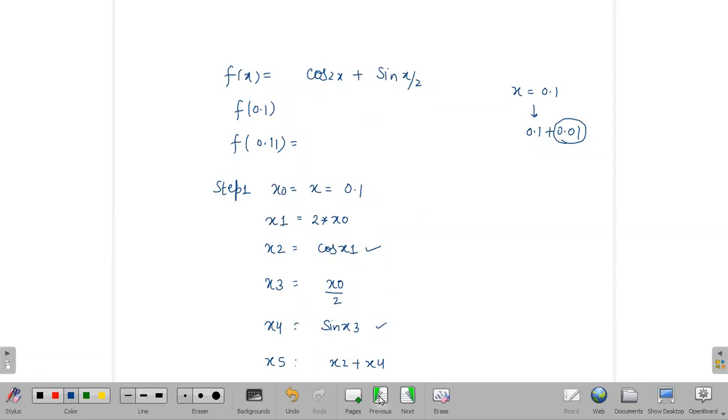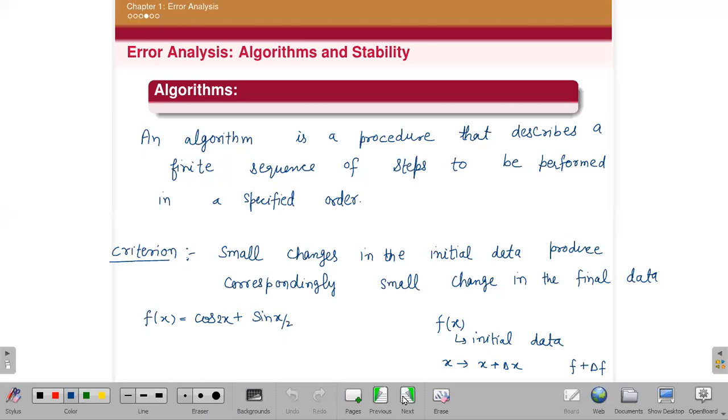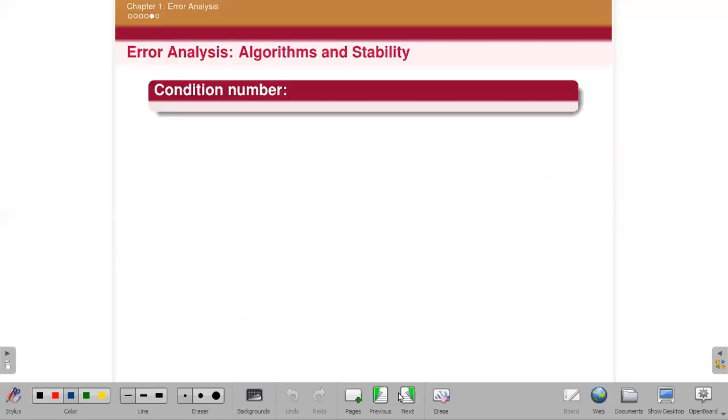So now what is the use of this criteria actually? Here I should write that this is related with stable and unstable.